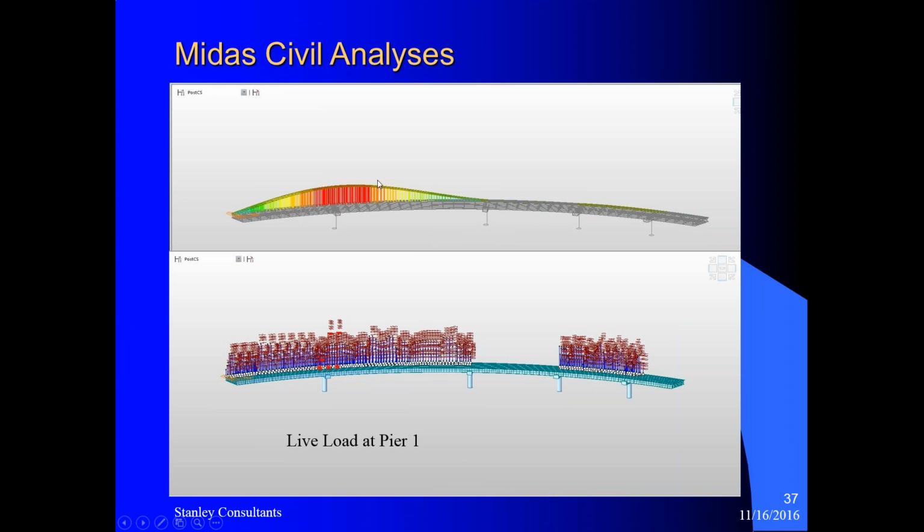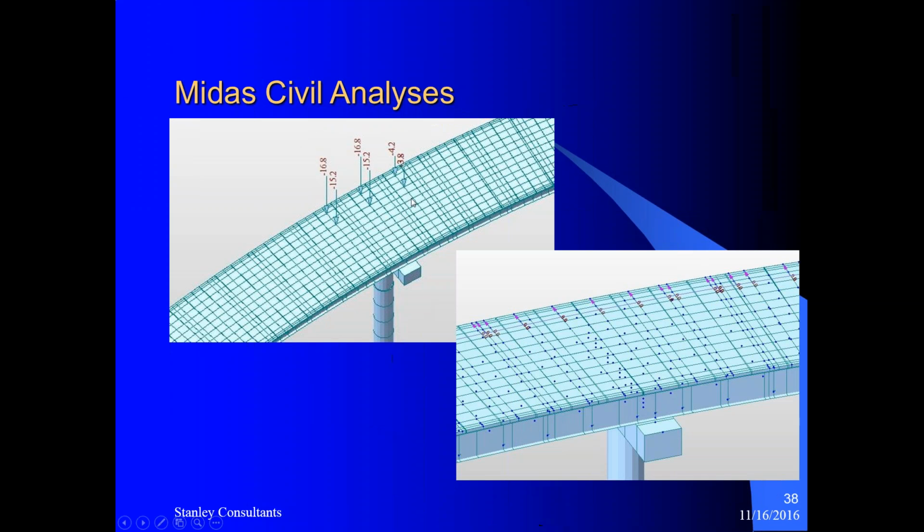And this is the influence line for the live load for Pier 1. Using the live load tracker, you can locate the truck position that gives you the most critical reactions at that pier. And then using that location, what I did is input the axle loads as a static load case. This is for an HL93 load.